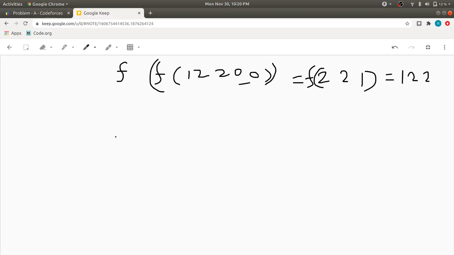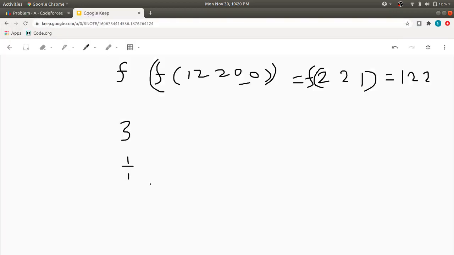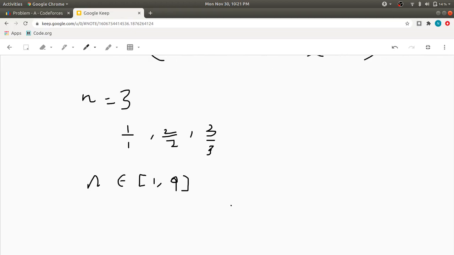Let's say our n is 3. For n equal to 3, we are going to do 1 divided by 1, 2 divided by 2, and 3 divided by 3, because g(x) is x divided by f(f(x)), and f(f(x)) just eliminates the trailing 0s. So for n ranging between 1 to 9, our answer will always be 1.